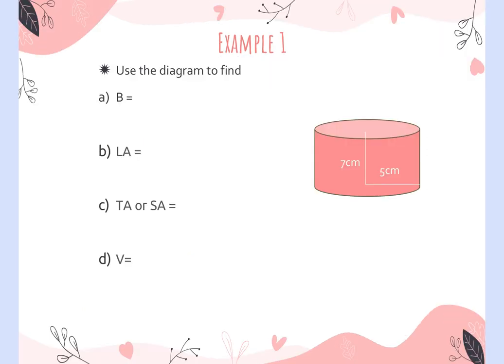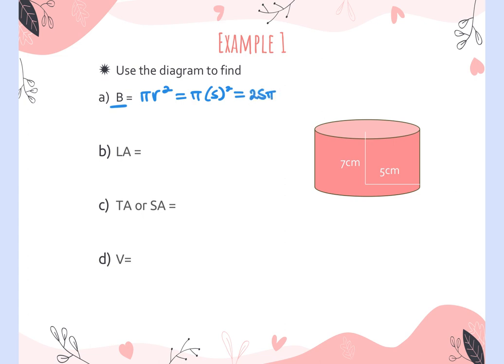All right, here we go. So we're going to find it in pieces. It says use the diagram to find, first of all, what shape is this? It's a cylinder. So B, capital B, represents the base area, which would be the circle. Good. Pi r squared, what's r? 5. And 5 squared would be? 25.